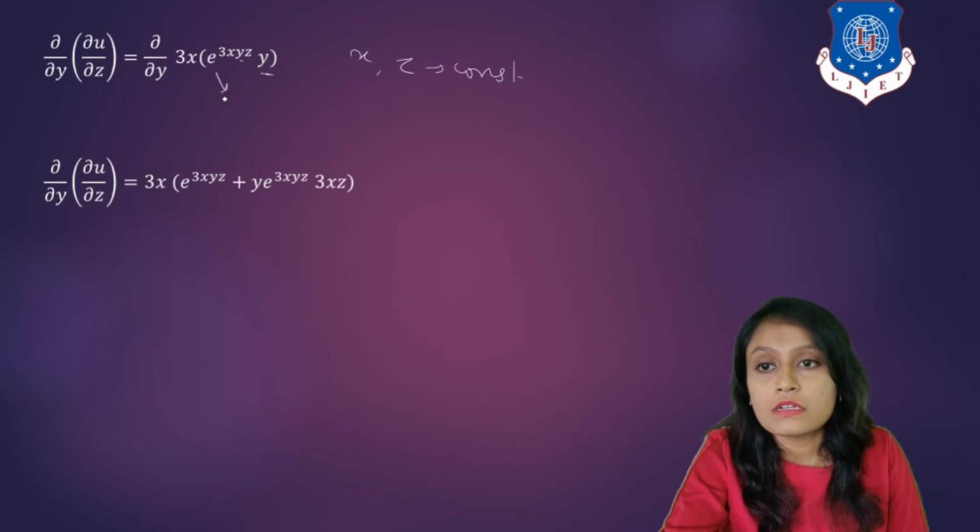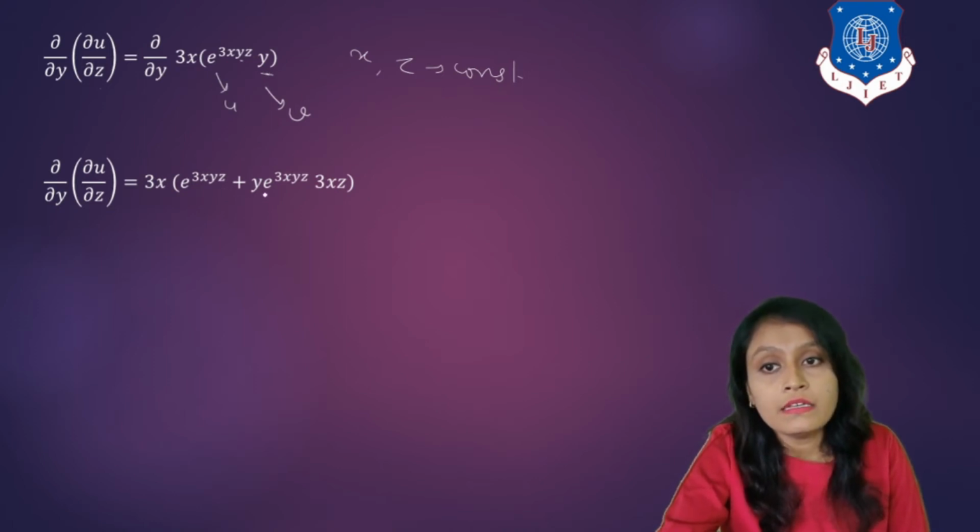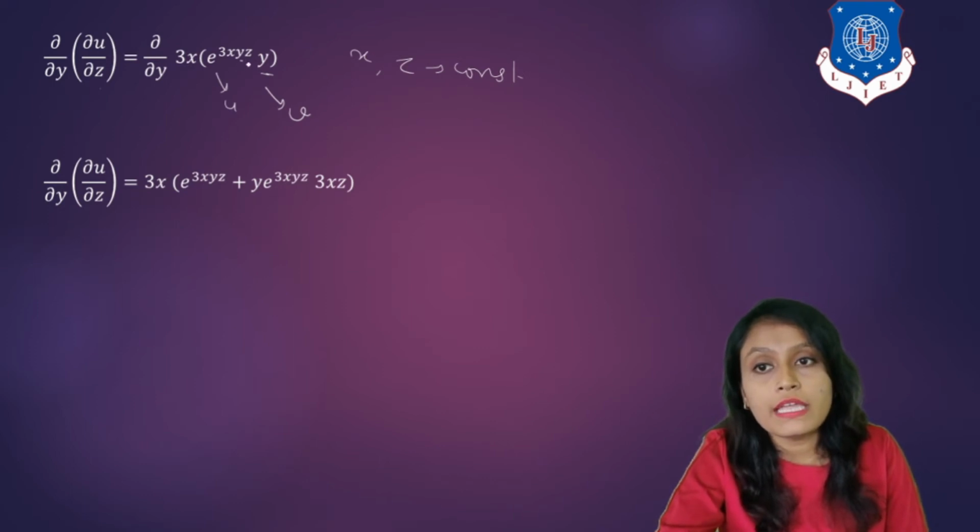Consider this as u and this as v. So u as it is, that is e raised to 3xyz as it is, times the derivative of v, that is the derivative of y, which is 1, plus y as it is, times the derivative of e raised to 3xyz with respect to y, which is e raised to 3xyz into 3xz.